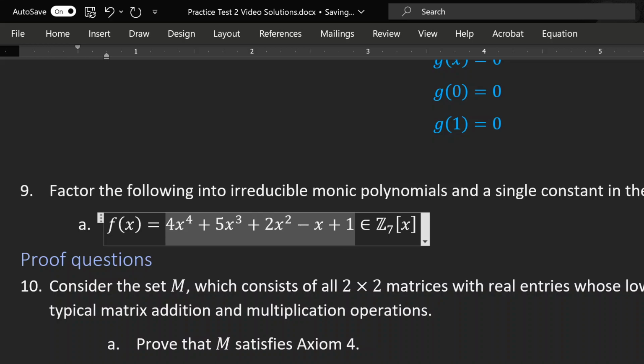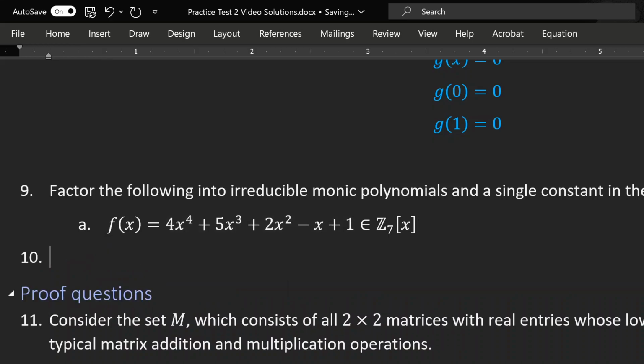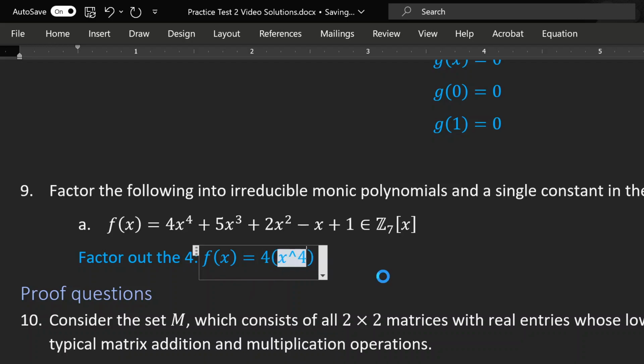So how do we factor out the 4? Let me go ahead and put this in blue. Okay, so factor out the 4. f of x equals 4 times what? First I have x to the 4th. Now I cannot do 5 over 4 because I'm in Z7, so I'm not allowed fractions.